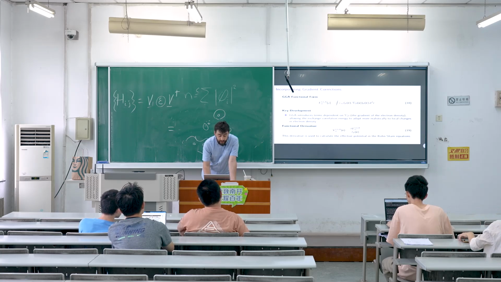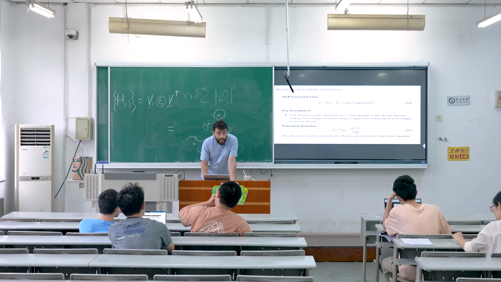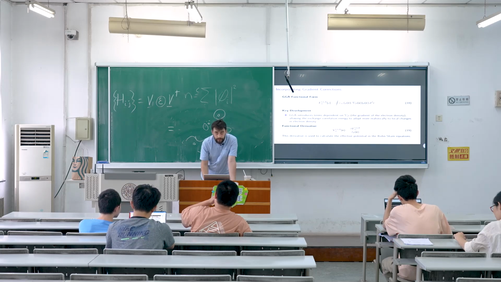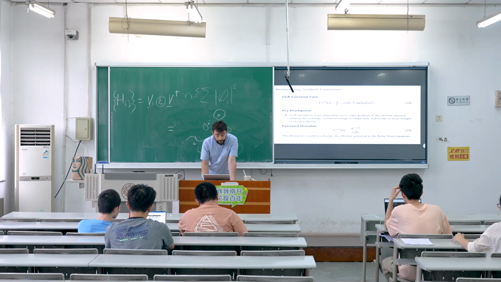So it is effectively the next term in the Taylor expansion. And we can play this trick as high as you want to go. The next step after GGA is the meta GGA, which involves second derivative information. If we include second derivative information, we probably get a better result.